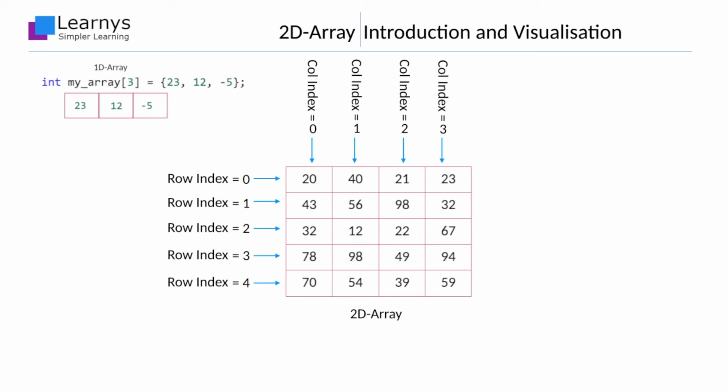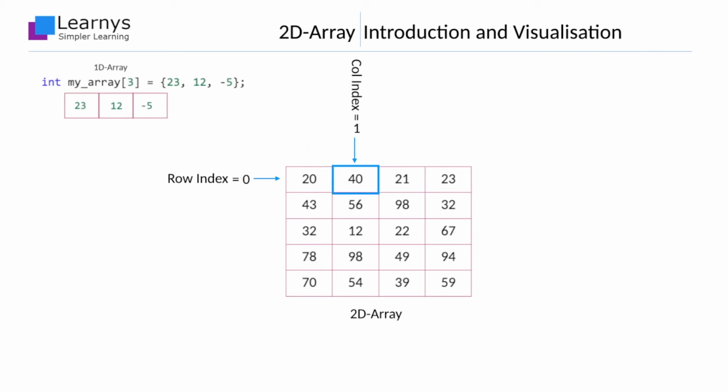Since two-dimensional arrays span in 2 dimensions, in order to uniquely locate an element in this arrangement, we need 2 indices. The row index indicates the position of the row to which the element belongs, whereas the column index indicates the position of the column to which the element belongs. For example, the element in the first row and second column, whose row index is 0 and column index is 1, is 40.